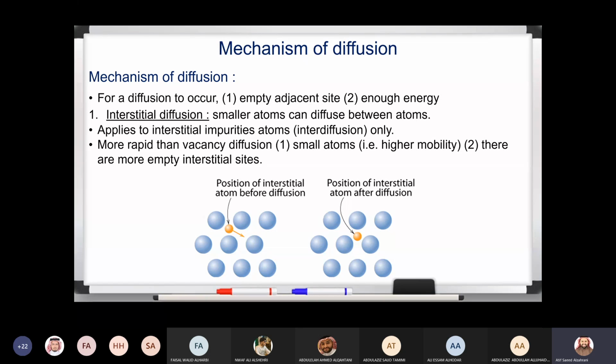So that's why interstitial diffusion happens much more rapidly compared to vacancy diffusion. So this is good, but so far we're just saying this is rapid, this is very slow, it will be higher, it will be lower. It would be very good if we can quantify this, I mean how rapidly the diffusion is happening.